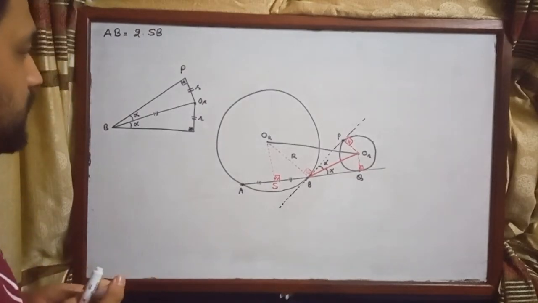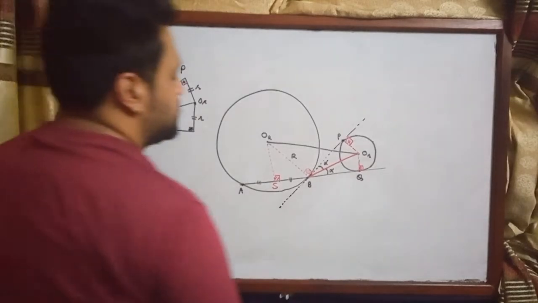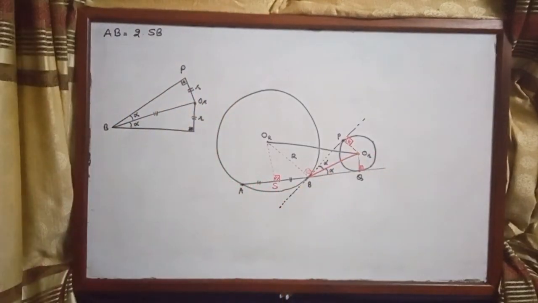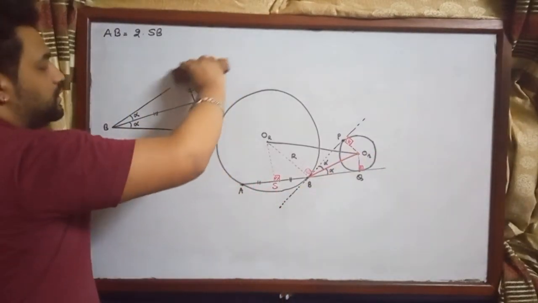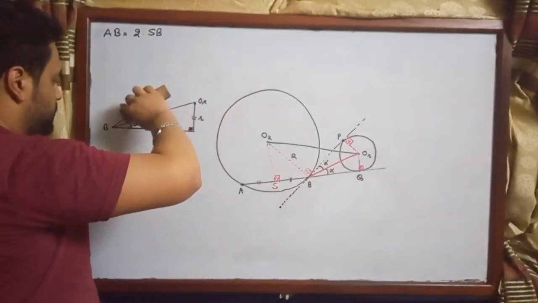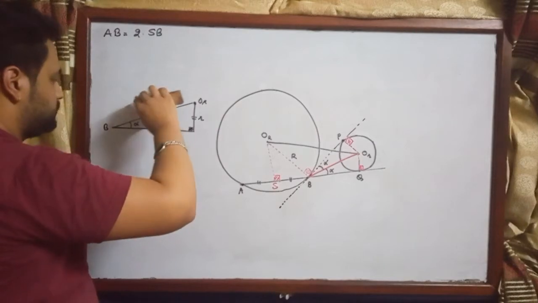Now let's focus on triangle BQO_r. We'll get rid of this part; we just need the lower triangle.